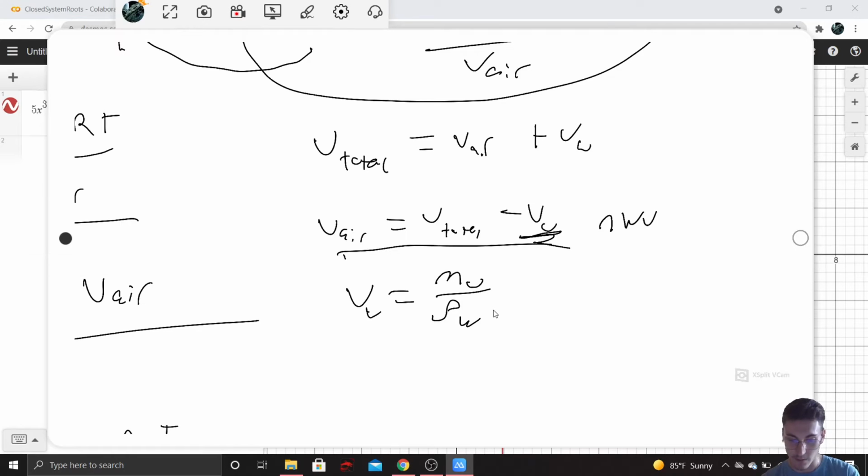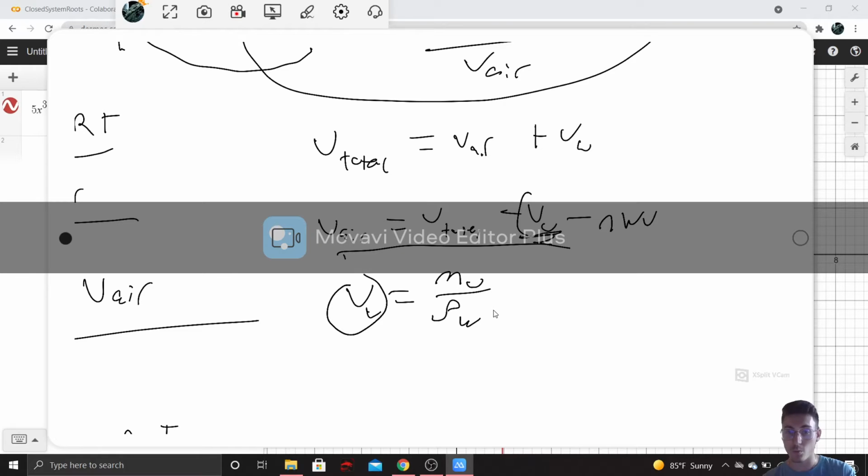So we'll take the volume of water, which is still just this value right here, and subtract the number of moles from that, but we want the number of moles as a volume.